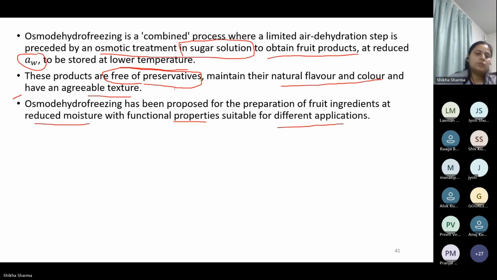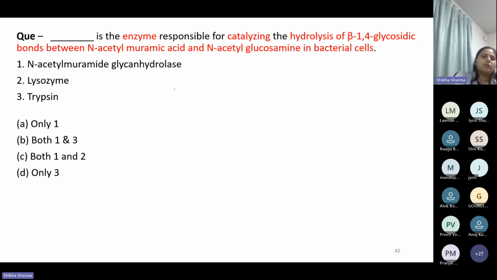So we are moving to the next question, which is: we need to identify the enzyme responsible for catalyzing hydrolysis of the beta 1,4 glucosidic bond between N-acetyl muramic acid and N-acetyl glucosamine in bacterial cells.